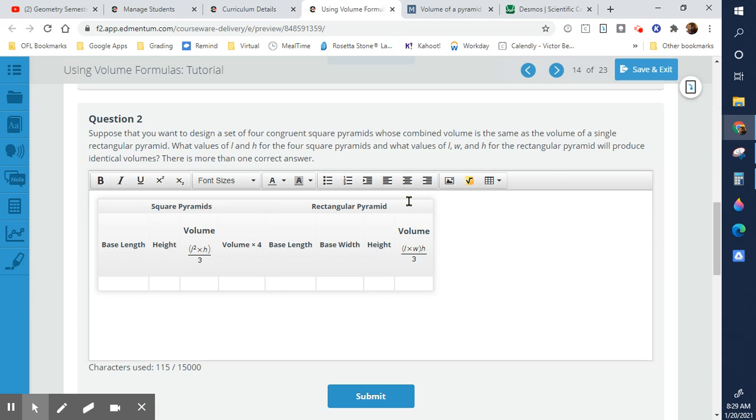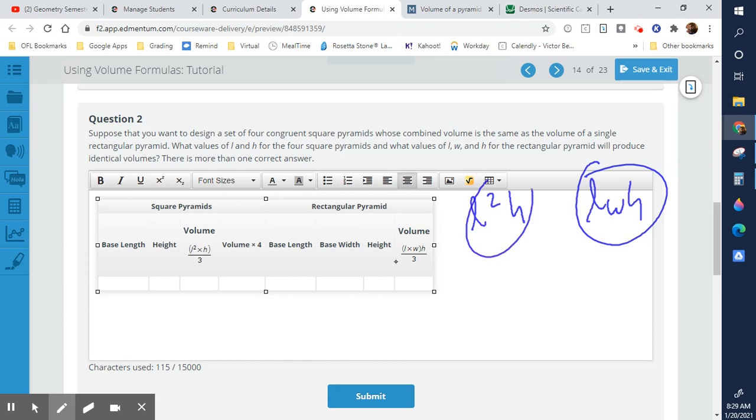The main idea is if we're going to do a square pyramid, we're going to have to try to match all these up. So for example, one of them is squared and height. So what we're going to have to do here is make the product of LW equal the product of that. Both of them are getting divided by 3, so we can't really do much there.